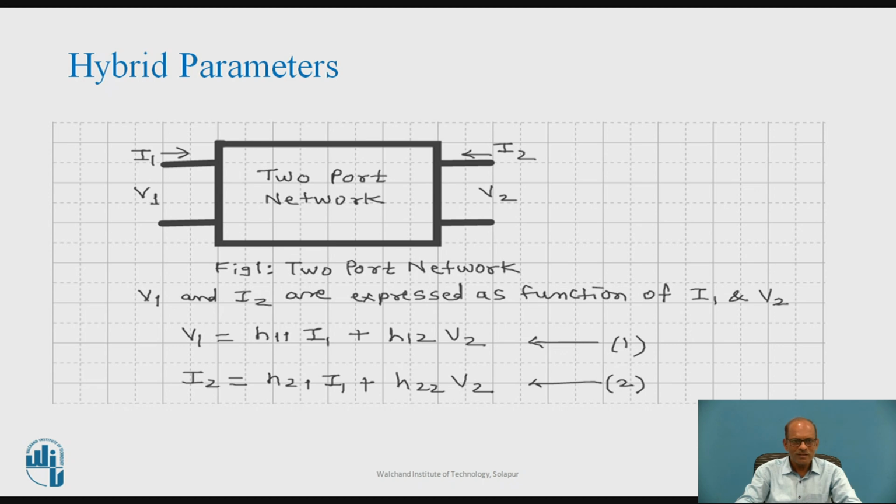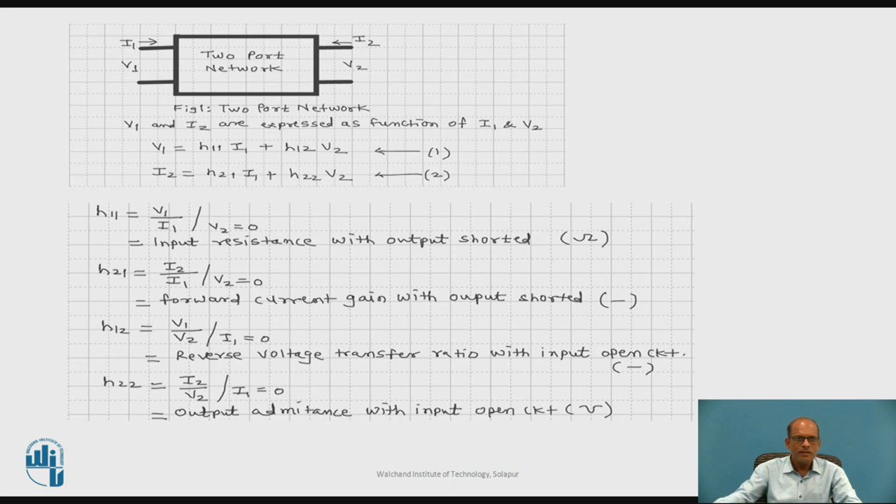Now let us understand hybrid parameters in more detail. Now from this equation number 1 and 2 which are rewritten here, if we make V2 equal to 0, making V2 equal to 0 means output voltage V2 is made 0, means output is shorted.